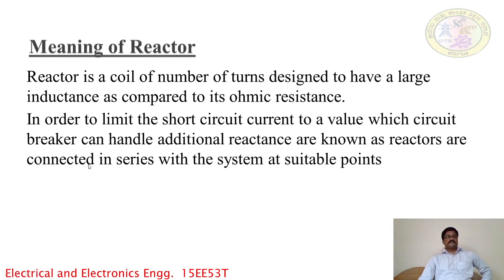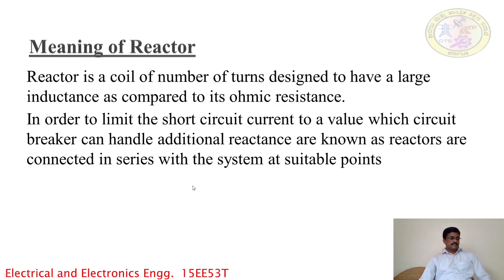What is the necessity? The reactors are connected in series with the transmission line to limit the short circuit current and to avoid any faults occurring in the system. Usually the additional reactances connected in series with the transmission line are called reactors.